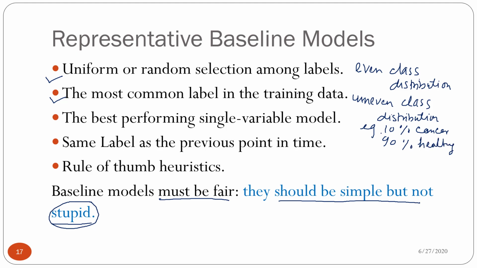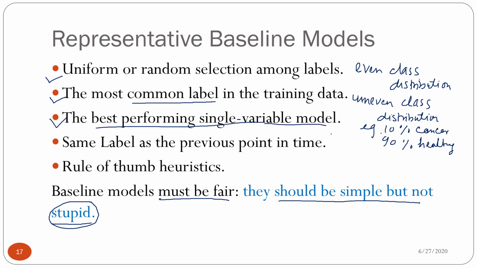In this kind of scenario, it might be a good idea to have a baseline model which returns the common label. Your baseline classifier will mostly say, okay, this guy is healthy, because that is the more common label.